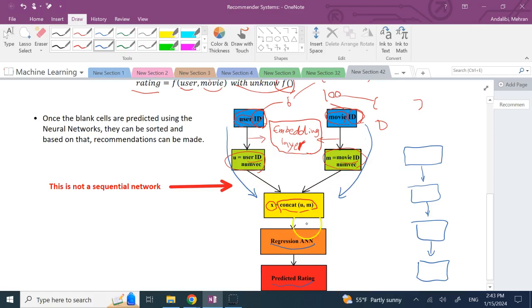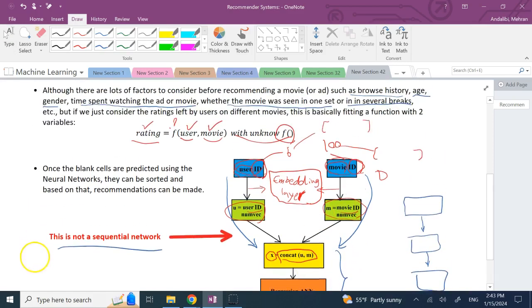So this is not a typical sequential network, okay? How do we form this? I'll show you in TensorFlow, but pay attention that you cannot use the Keras Sequential layer. This is not a typical sequential thing. I mean, this portion of it is, but the top portion of it is not.